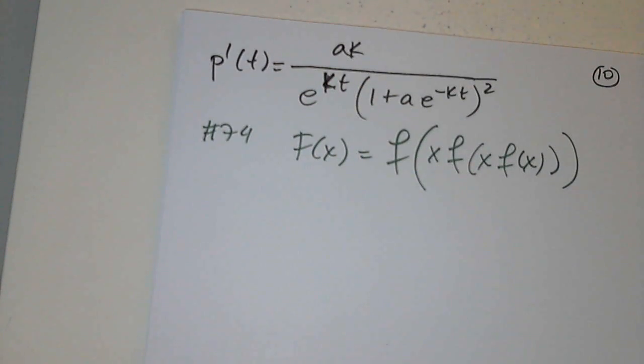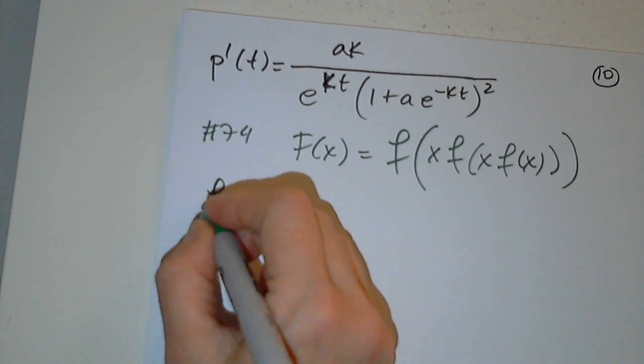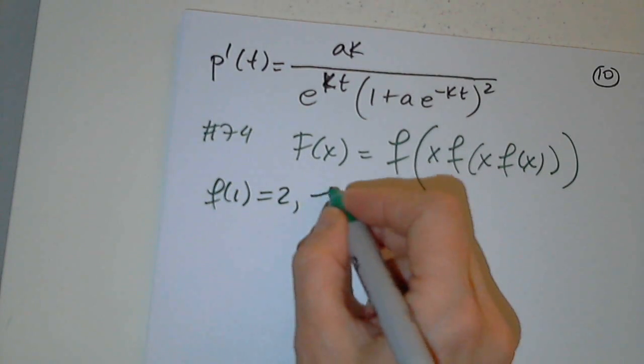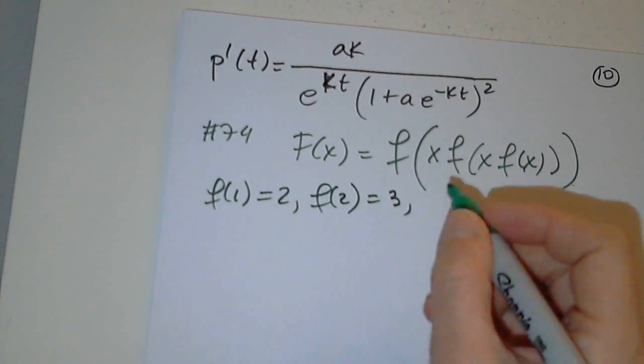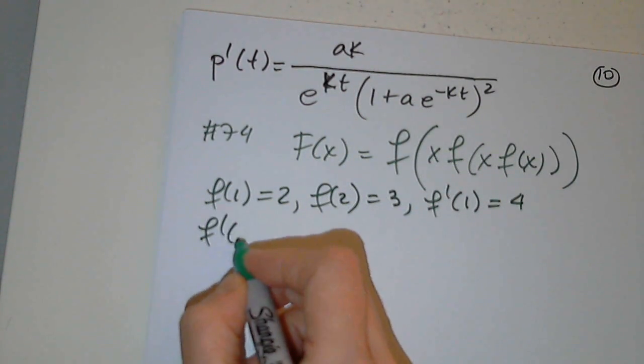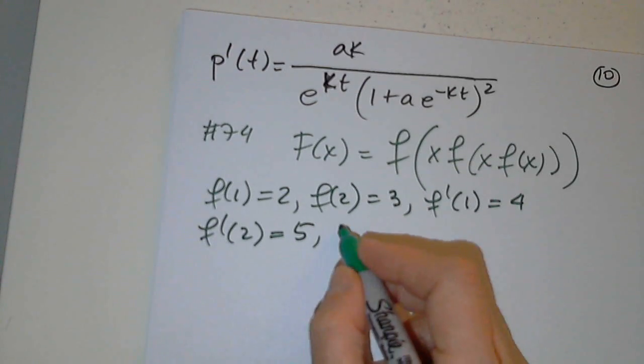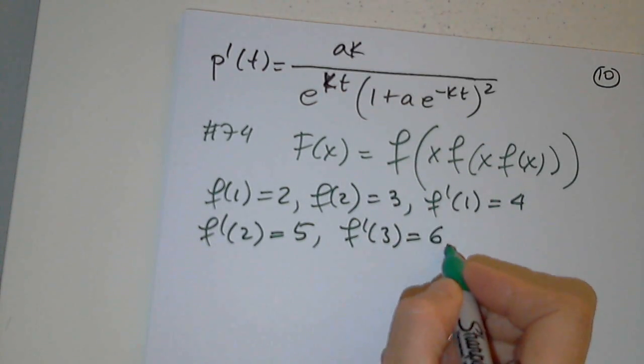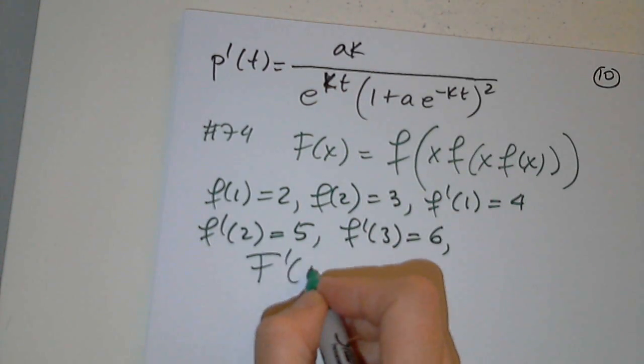We'll figure that out in a minute. And I just need to copy the rest. f of 1 is 2, f of 2 is 3, f prime of 1 is 4, f prime of 2 is 5, f prime of 3 is 6, and we're asked to find f prime of 1.